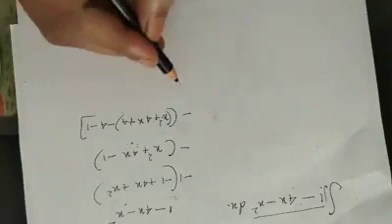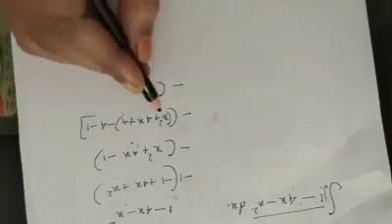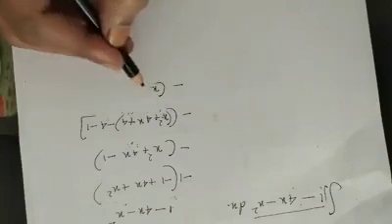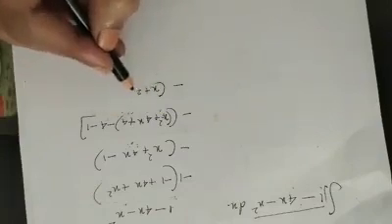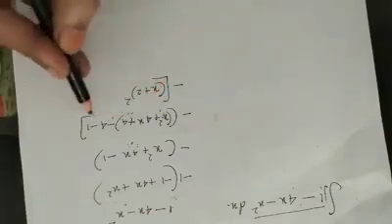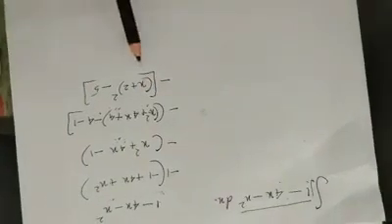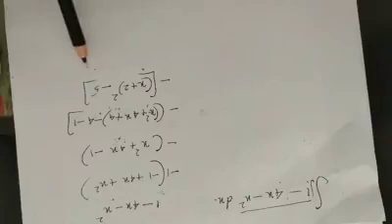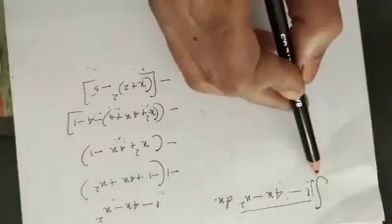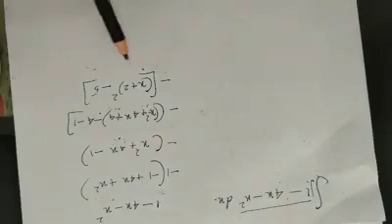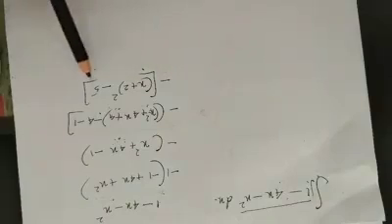Then can you say this identity? Yes, x square, square root x; plus 4, square root 2; x plus 2 whole square, minus 4 minus 1, minus 5. Okay, see, by substituting this result inside the integral, it is root of negative 1 into x plus 2 whole square minus 5.